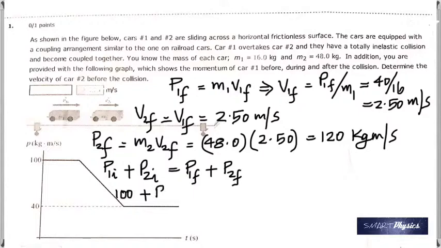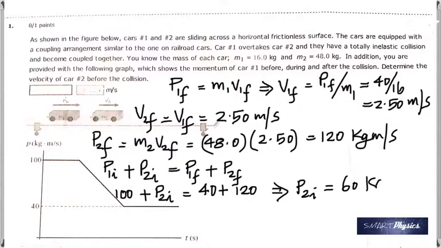So 100 plus second one, we do not know its initial momentum, but we can find it out because on the right side you know both of it. Okay, 40 and 120. So from that, when you add these two, you get 160 minus 100 is going to give you 60. So now we know the initial momentum of the second object.